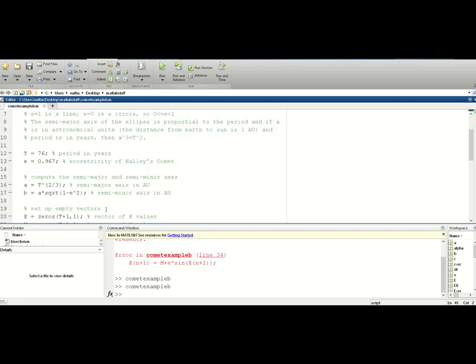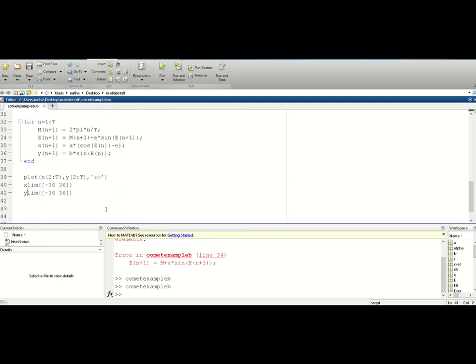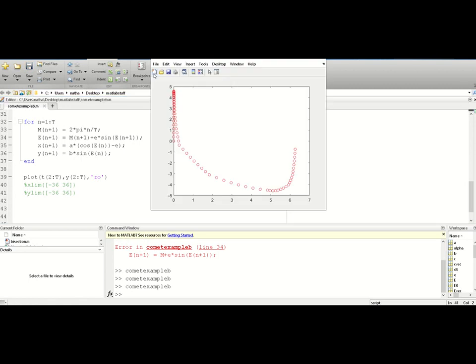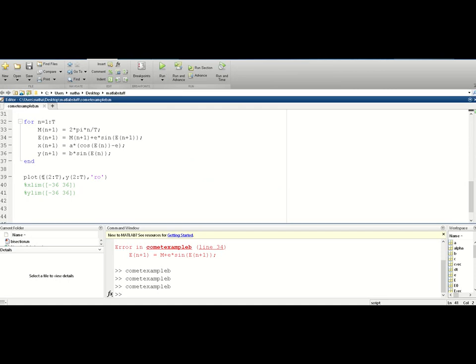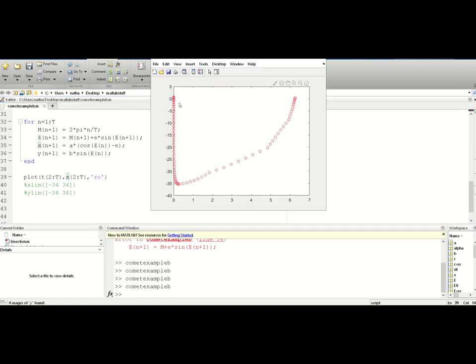But this will actually give us a pretty good graph of what we look like, and you should be able to plot time versus x and time versus y. Let's get rid of these. Okay, and we should see that we're like a screwed up sine wave, and then t versus x should look somewhat similar, kind of the cosine version of it.